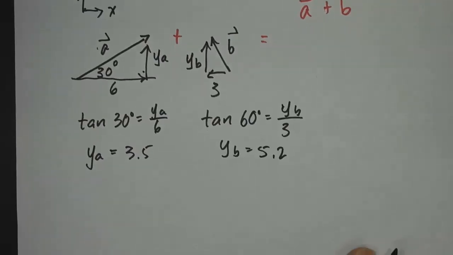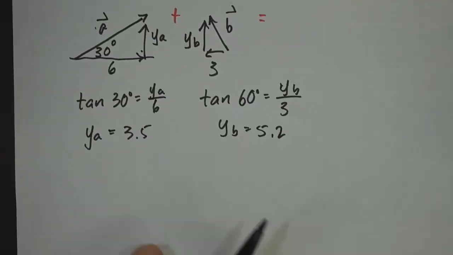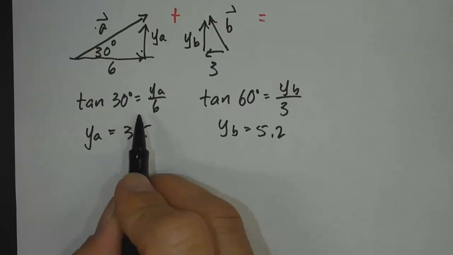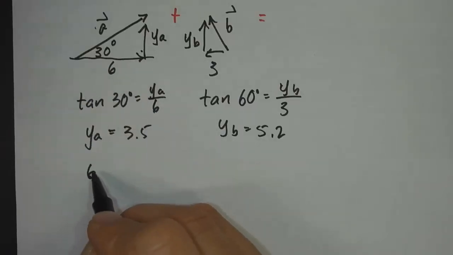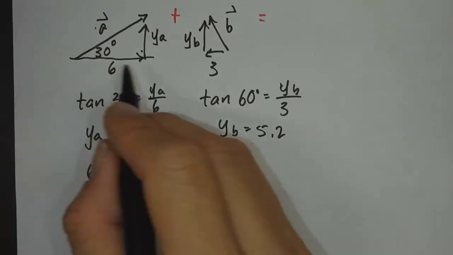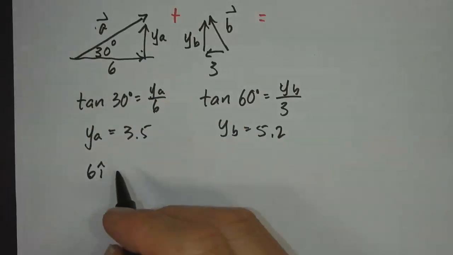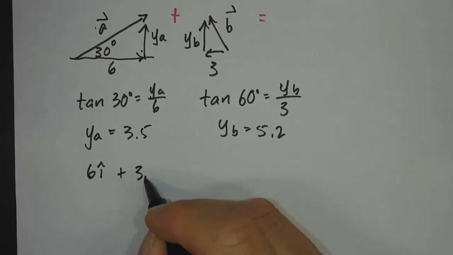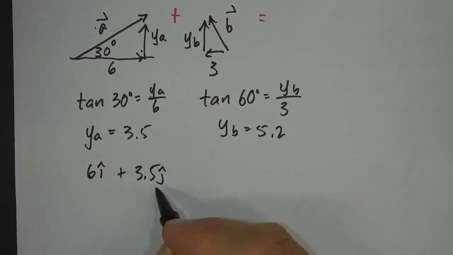All right. So here's the vector notation. I'm going to write the x component value, which is 6, and then this symbol called i hat, which is just a vector of length 1 that indicates direction. You can think of it as the x direction. Plus 3.5 j hat, and this would be along the y direction.